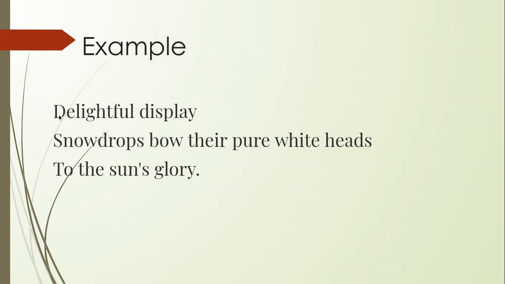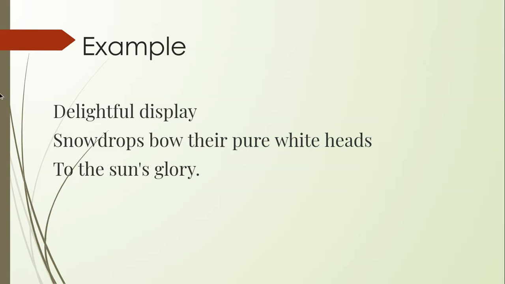So if we think of syllables as the beats of a word, let's look at this first word, delightful. I think the easiest way to figure out how many syllables a word has is to just clap out the sounds. So delightful. Okay. How many times did I clap? Delightful. 3.